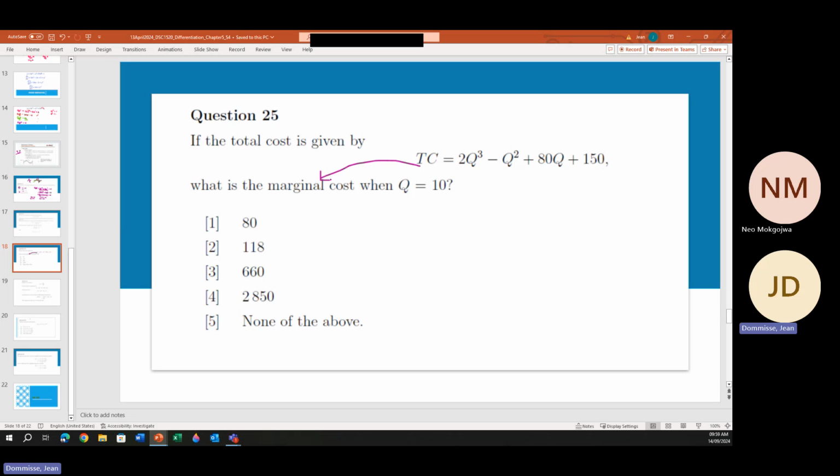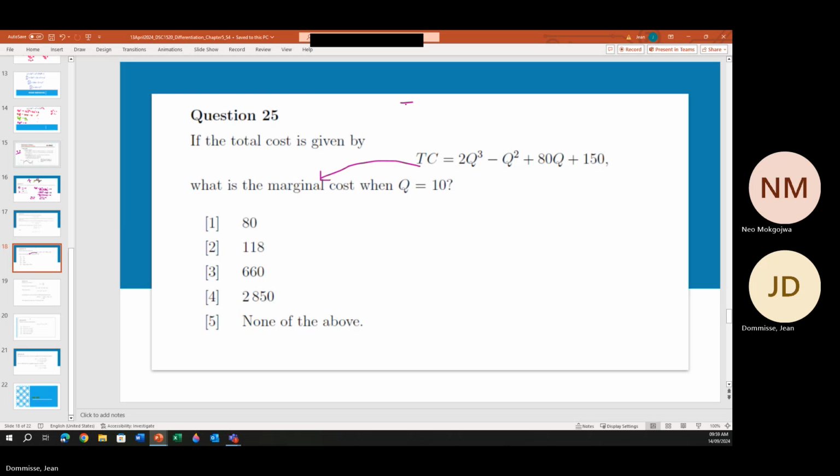In the next session we will look at that where we move from total cost to marginal cost.